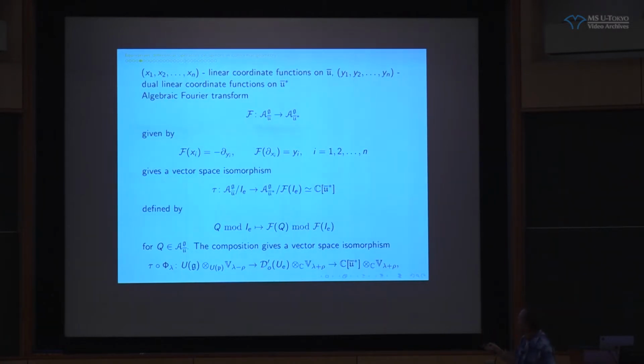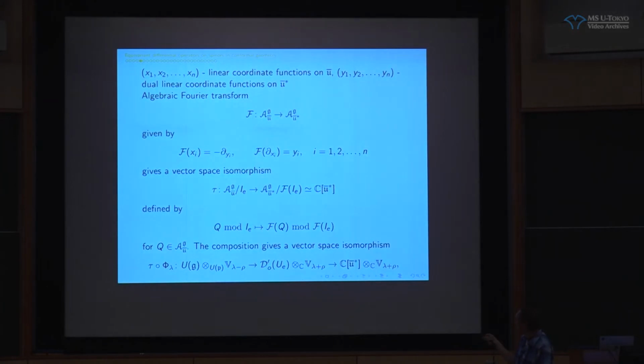And this map is induced on the generators of the algebra. So xi maps to differentiation along the yi coordinate, and the differentiation in the xi coordinate goes to the dual variable yi, the dual coordinate. And this map induces a vector space isomorphism from the left-hand side to the right-hand side.